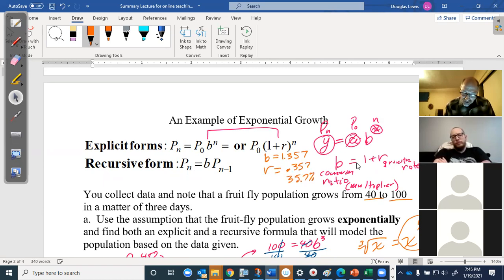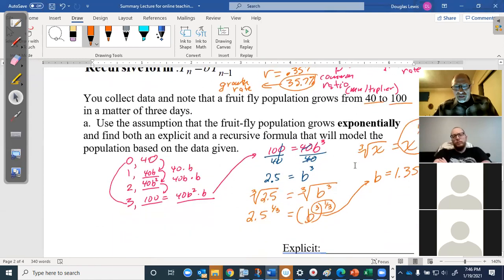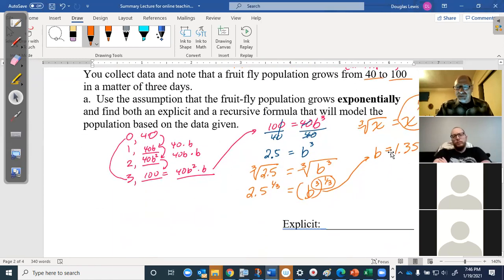And this is what we call a growth rate. B is the common ratio, and without the 1, it's called the growth rate, 35.7%. Okay? So this is called our growth rate. And you'll see that in other examples. Okay, so that means we've got our B.